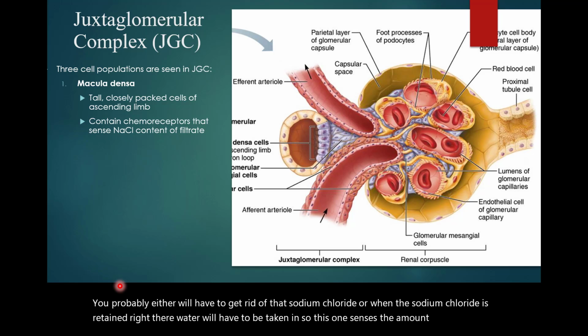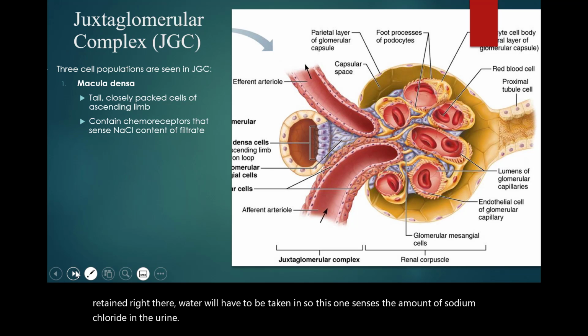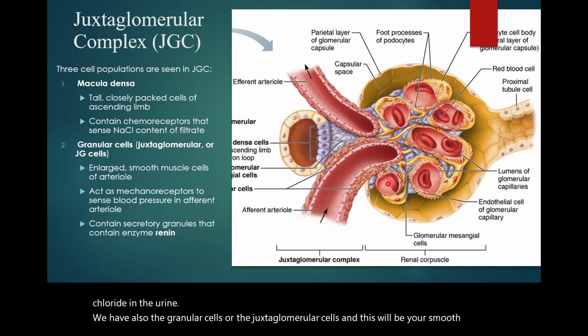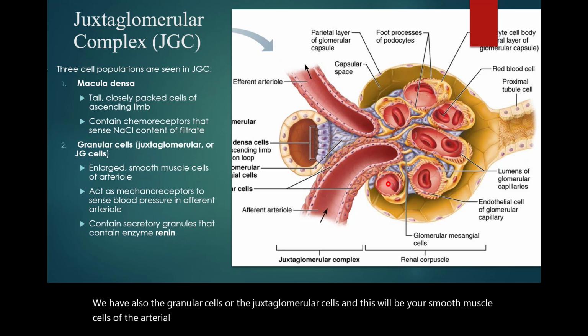And you have also the granular cells, or the juxtaglomerular cells, and these are the smooth muscle cells of the arteriole. They act as mechanoreceptors to sense blood pressure in the afferent arteriole. They contain secretory granules that contain the enzyme renin.